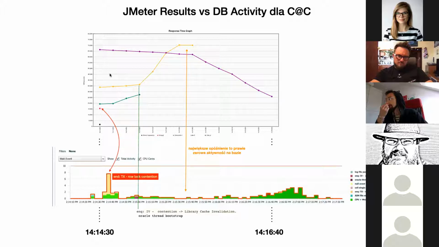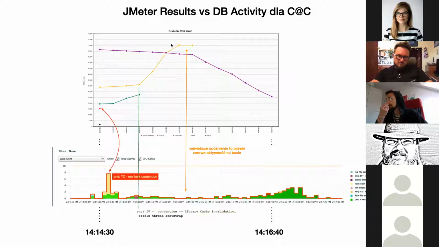So what we can see here is that the first thing is user logons. User logons from the database perspective are connected with row lock contention, and this is important information. This is the first thing which we will examine.